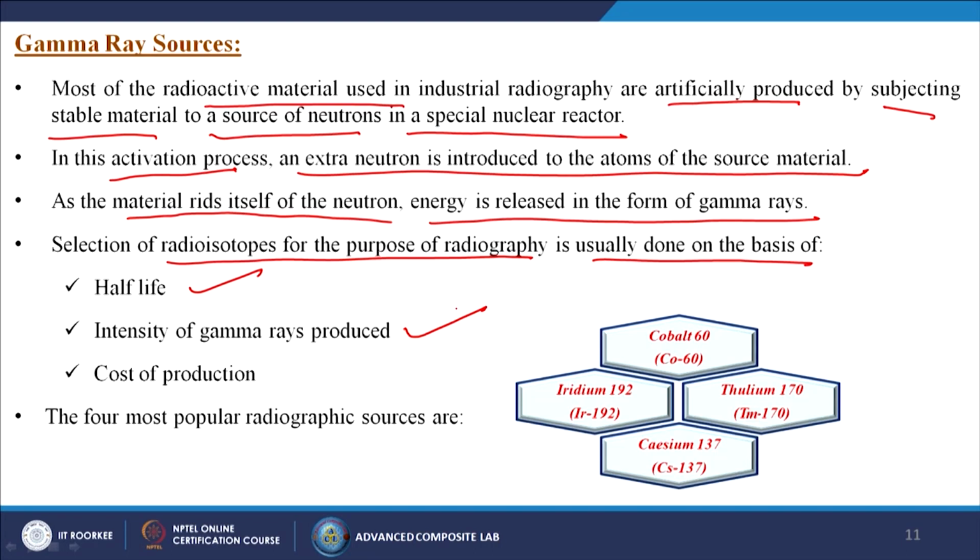Selection of radioisotopes for the purpose of radiography is usually done on the basis of half-life, intensity of gamma rays produced and the cost of the production itself. The four most popular radiographic sources are cobalt 60, generally called Co-60, thulium 170, cesium 137 and iridium 192.